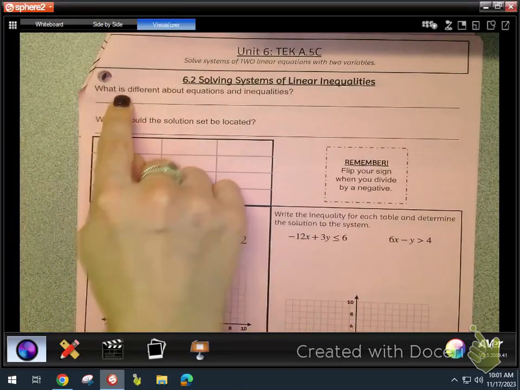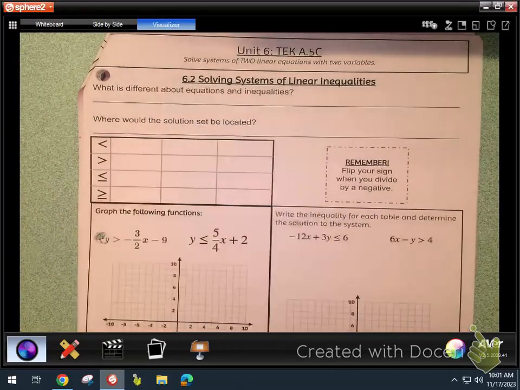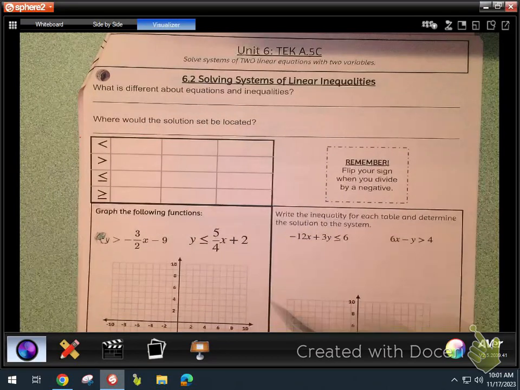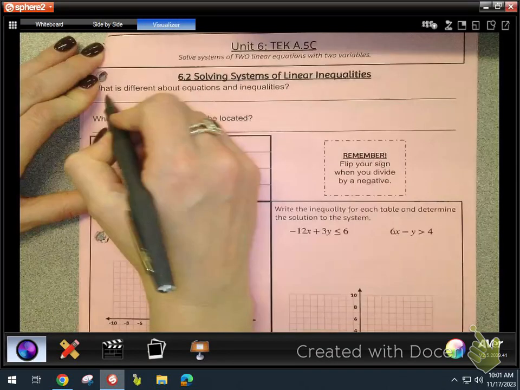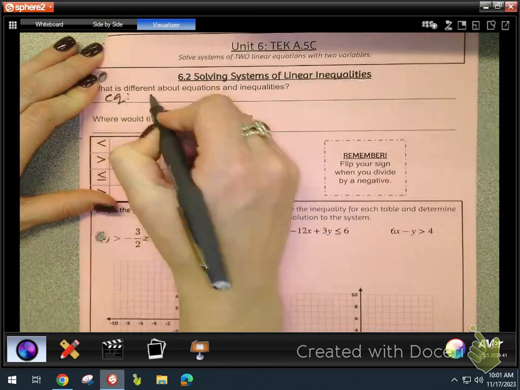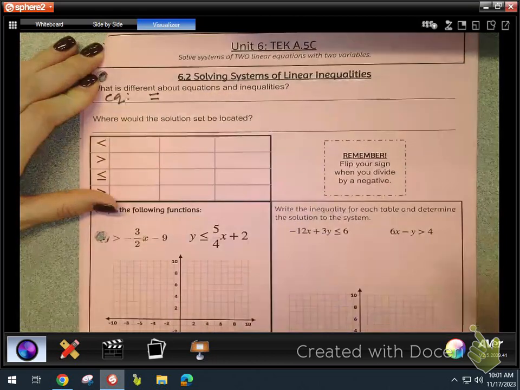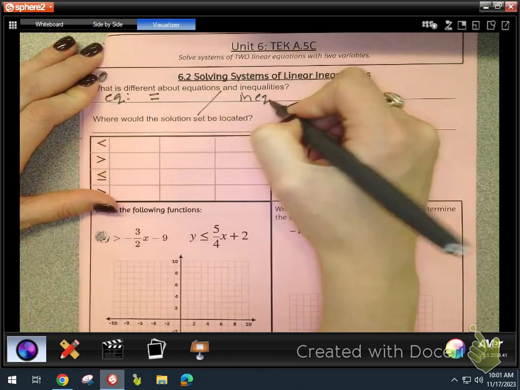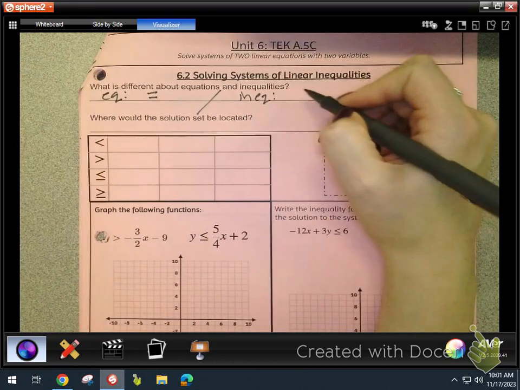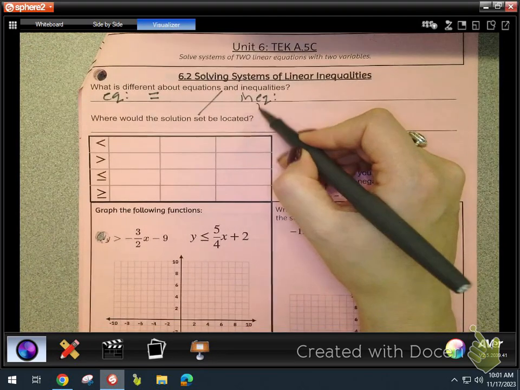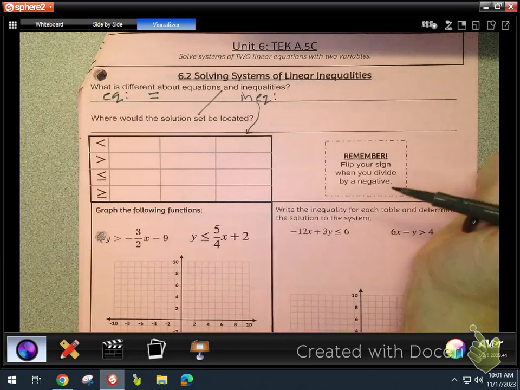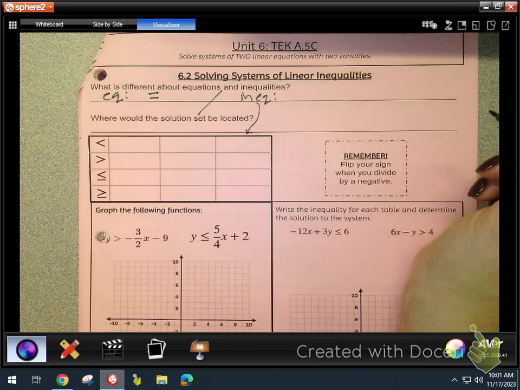Okay? All right, what's different about equations and inequalities? An equation has an equal sign. And then inequalities have a, what are our options? Oh, look, they're all right here. All those signs. Those are inequalities.